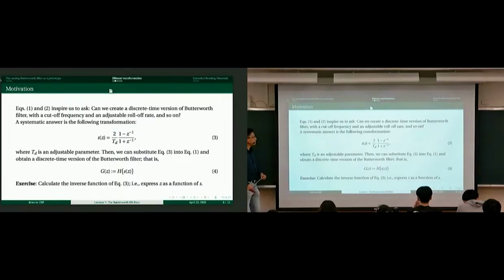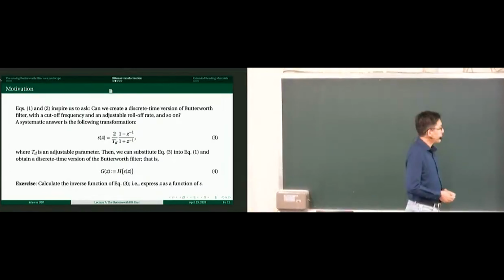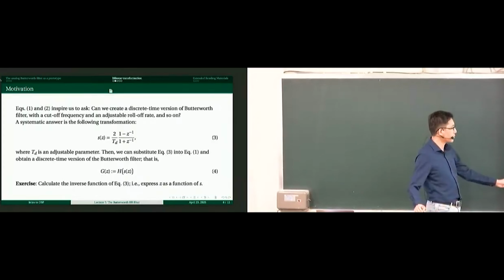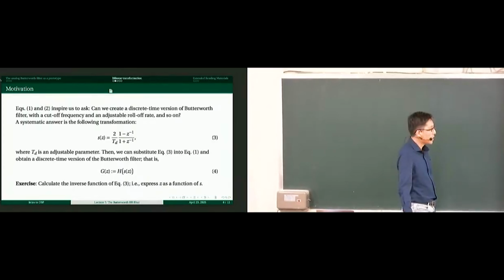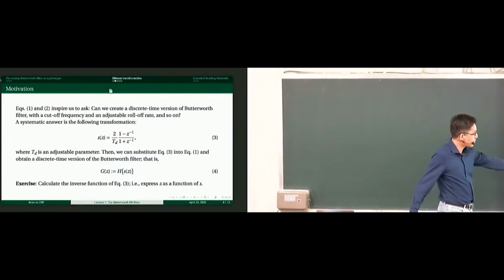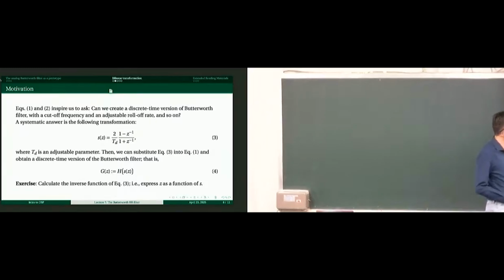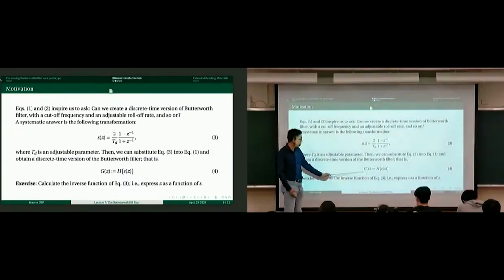That's simply a definition, and Td, as you will see, can be adjusted. With this transformation, we can go from analog to digital using this equation.